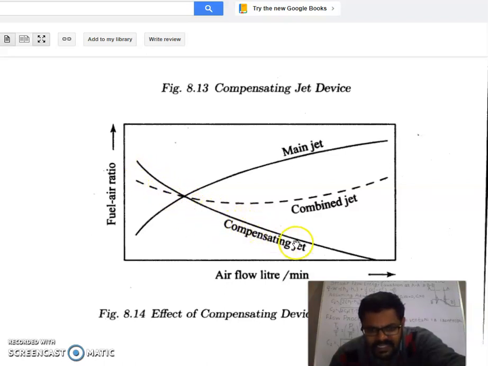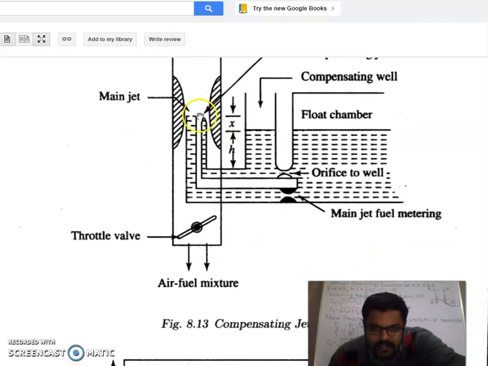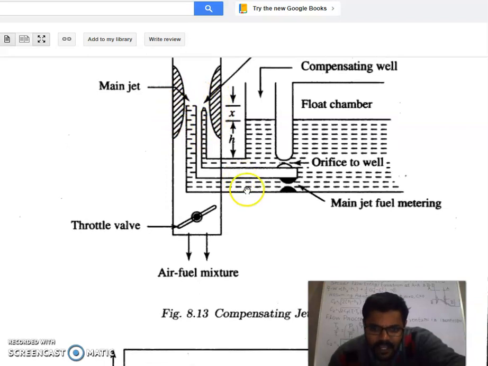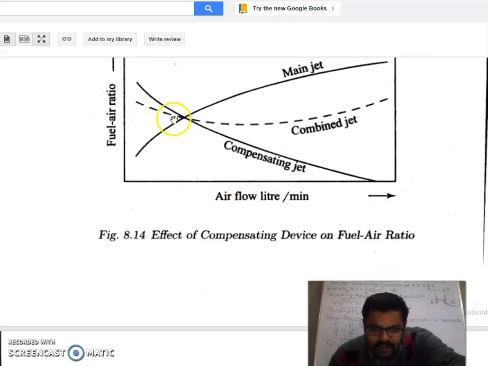It will supply less and less, and overall these two curves will result in a third curve, that is the combined jet, meaning the combination of these two. Whatever air fuel is supplied by the combination is represented by this dotted line here. You can say this is the combined jet.